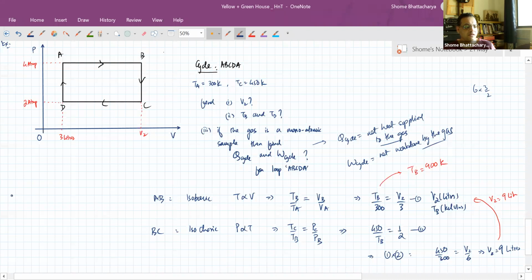You could directly see that DA is isochoric. So temperature is proportional to pressure. So temperature at the point D, you will see, will become half of temperature at the point A.